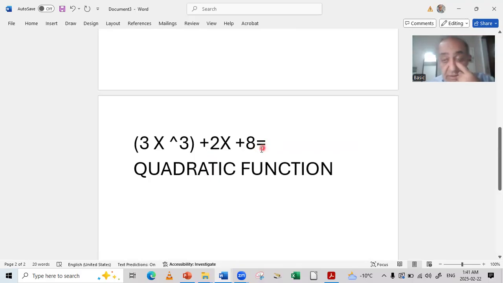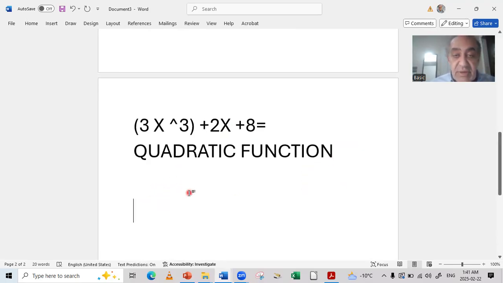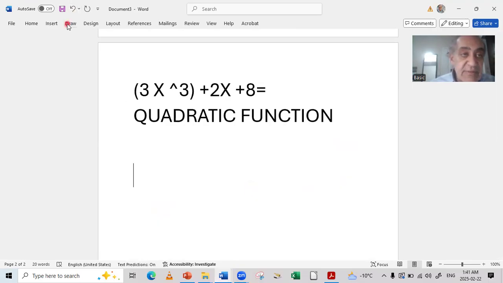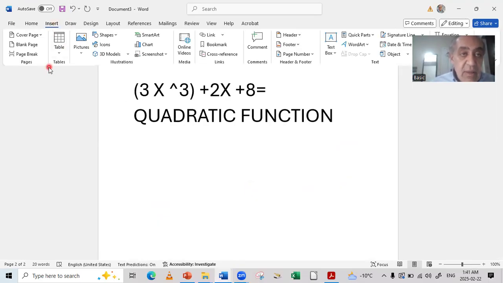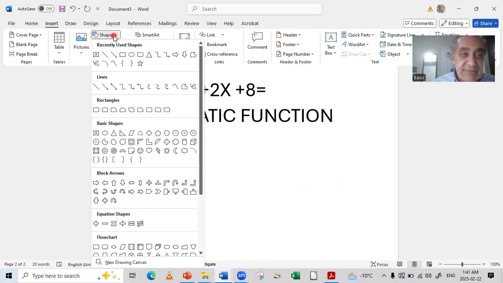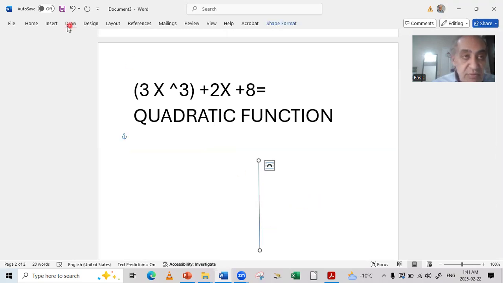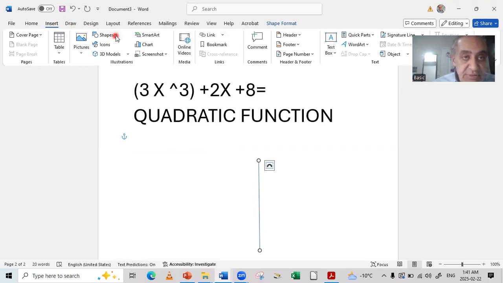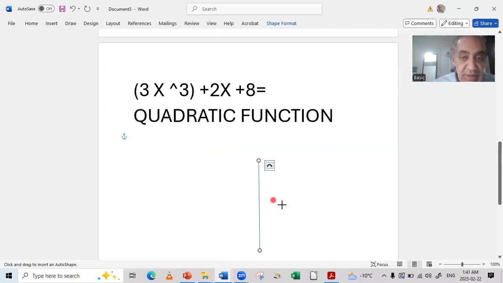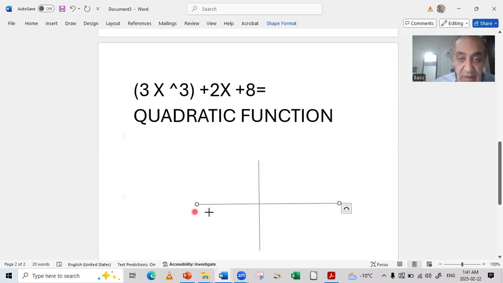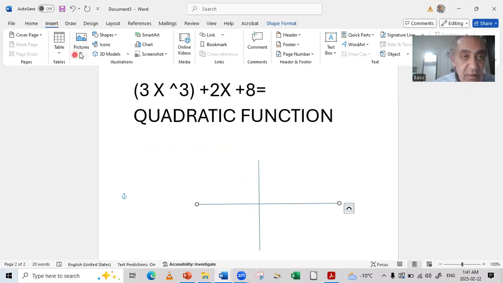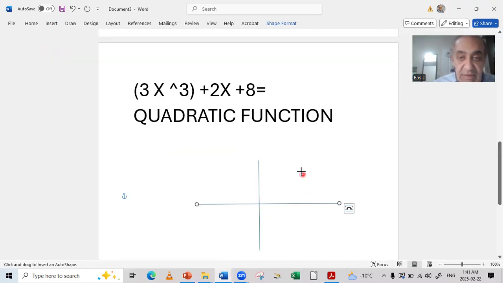I'm expecting here that I will find a figure of a curve. So when I do this on a graph, we go now for insert. Let me put shapes this way again. And let me put the vertical axis. And let us go for another insert shapes also, and I will take the horizontal axis. Here, if I want to graph it, I will graph it in the figure of a line.